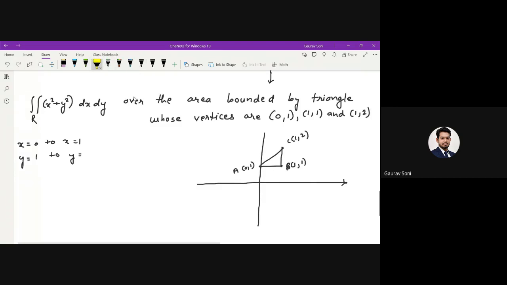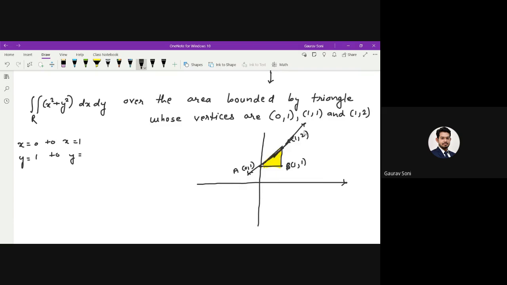In this region, is the value of y 2 always? No. So the upper limit is up to this line. The upper limit is always a line for this.